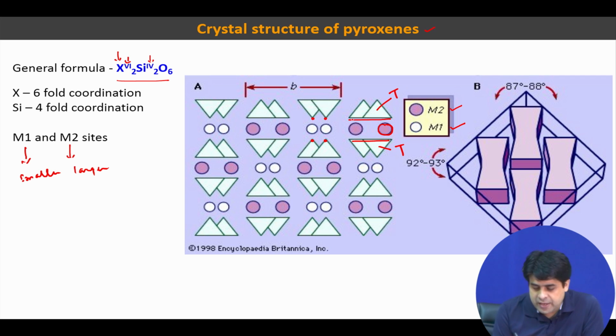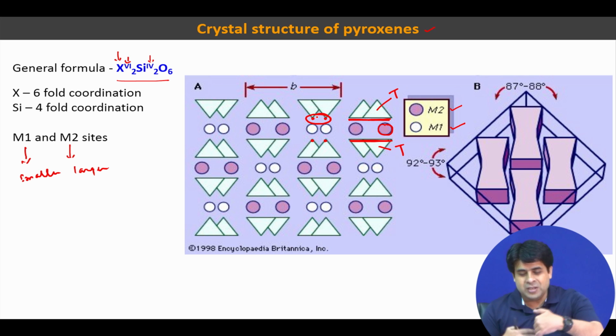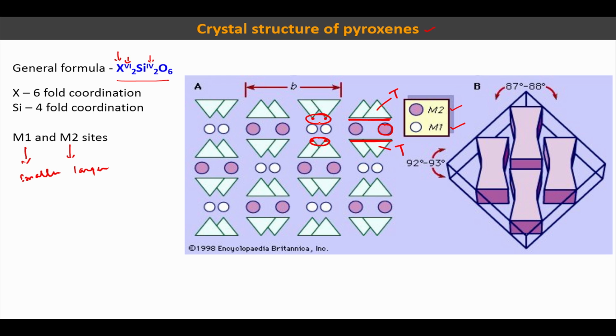Because if you see the net charge at the base of the tetrahedra, you have quite a large net charge, because the number of oxygens is more at the base of the tetrahedra. But in the case of the vertices, each vertex has only one oxygen, so the net force here is relatively small. So the repulsion will be less between these two vertices or these two sites.